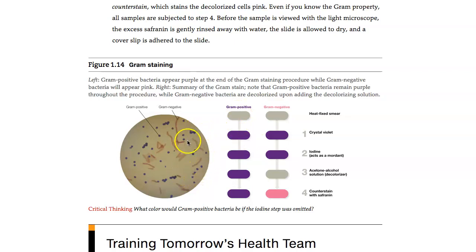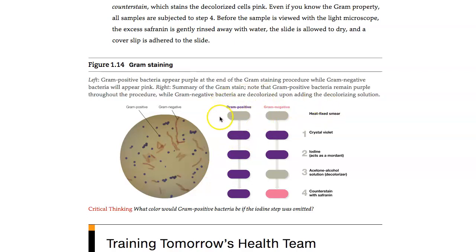And you can see here, these spheres are staining gram-positive. Now, some of these rods are not purple. They're sort of a pinkish color, and that means they're gram-negative. They don't retain the stain. So the question is, well, what's going on here? Well, let's look at this.